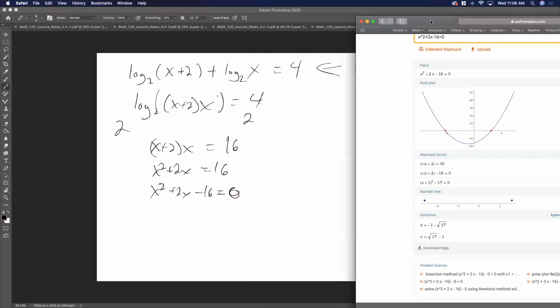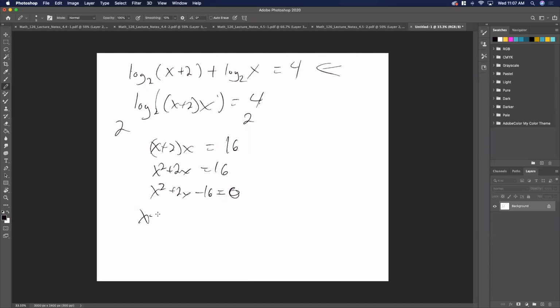The way this crashed out is, here you're going to do this by hand. This would be minus 2 plus or minus the square root of 2 squared minus 4ac. No. This would be 2 squared minus 4 times a, so times 1 times negative 16.